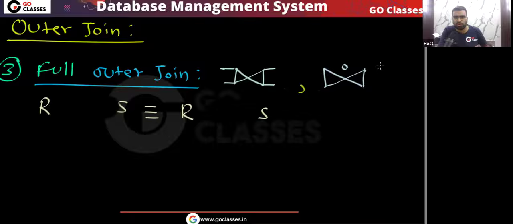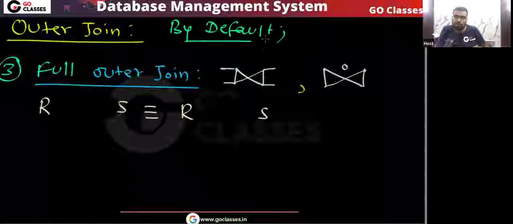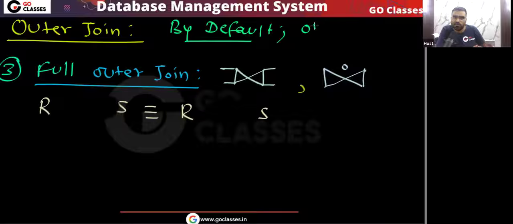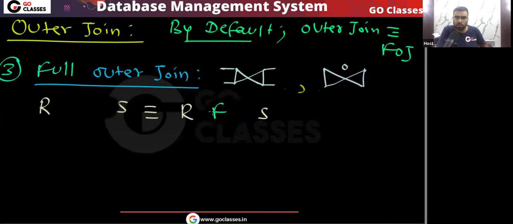This is your full outer join. By default, when I say outer join, it means full outer join. Yes or no?